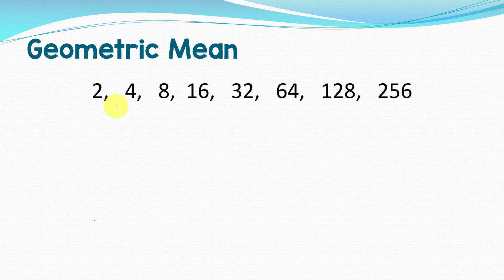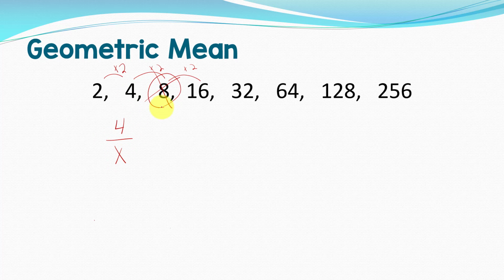These numbers, if you notice the pattern here, is not an arithmetic sequence because that would be adding each time. Here, what we're going to notice is that you are multiplying by 2 to get to the next number in the sequence. When we want to get the average of two numbers, let's say we don't know what this number is, the average between two numbers that are being multiplied in a sequence, we do that by setting up a proportion.